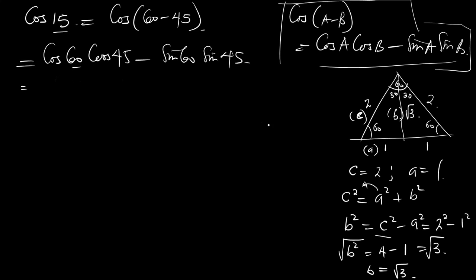Now from here, let's look for cos 60. Cos 60 is what we call the adjacent. Let's use SOHCAHTOA. Cos 60 is adjacent all over hypotenuse, so this is half. Then let's also draw a triangle.